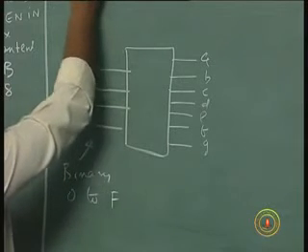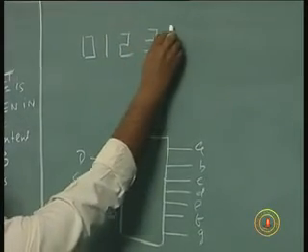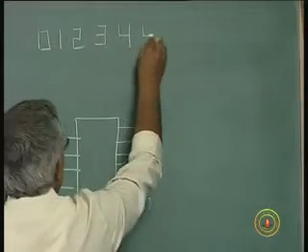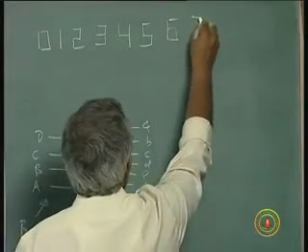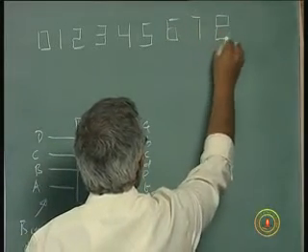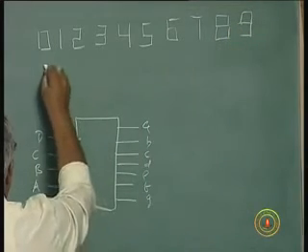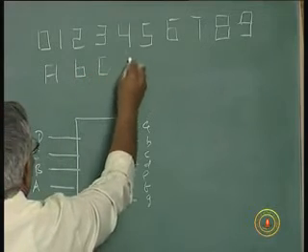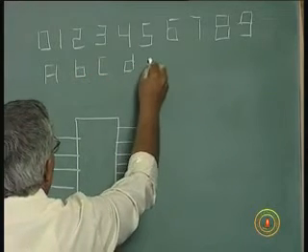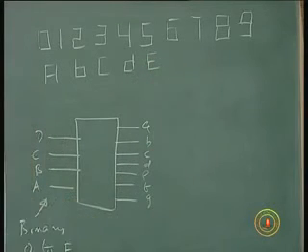So 0, 1, 2, 3, 4, 5, 6, 7, 8, 9, A, B, C, D, E, F.